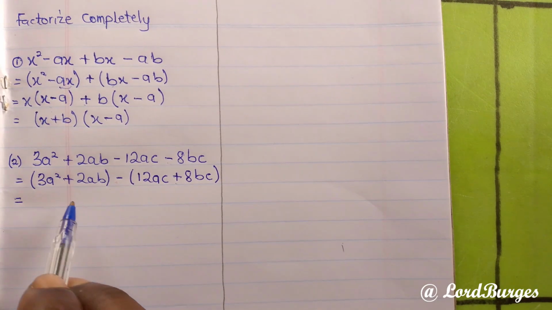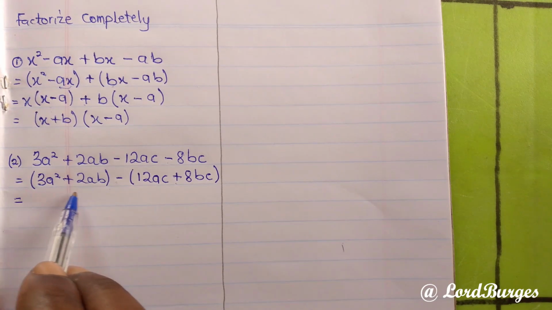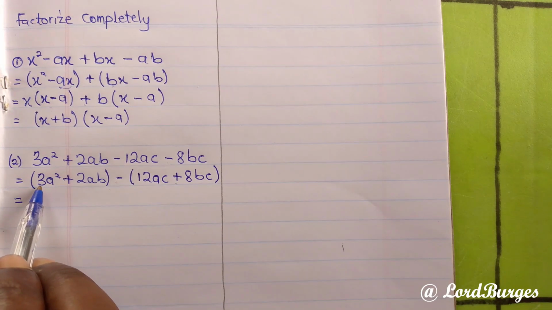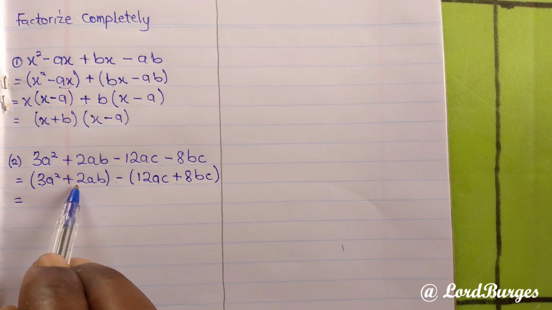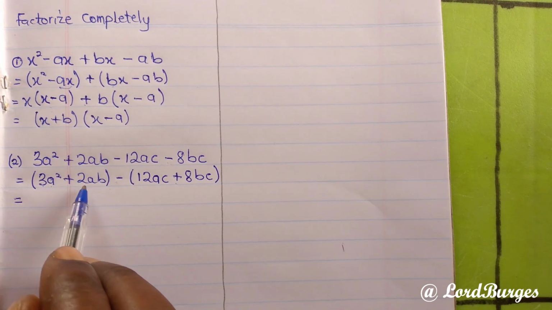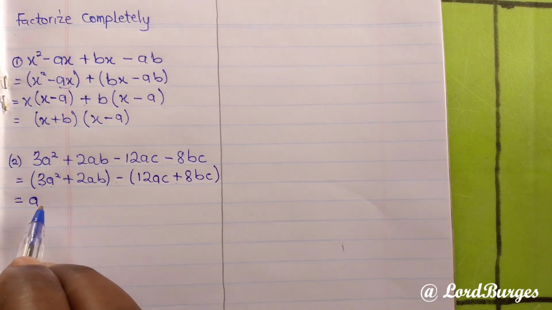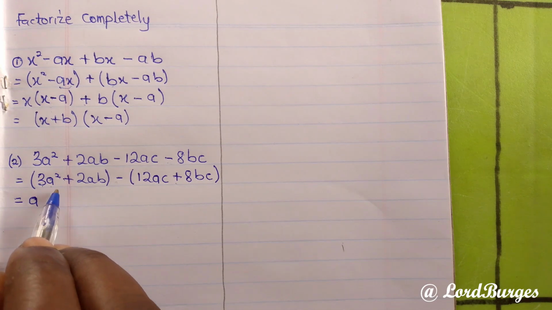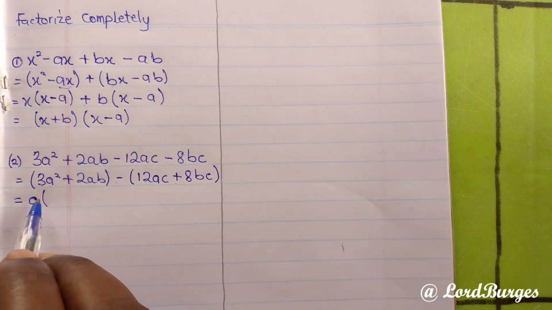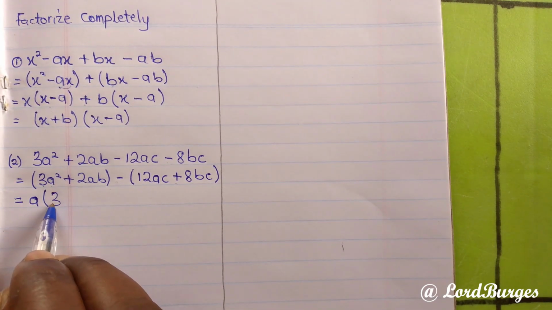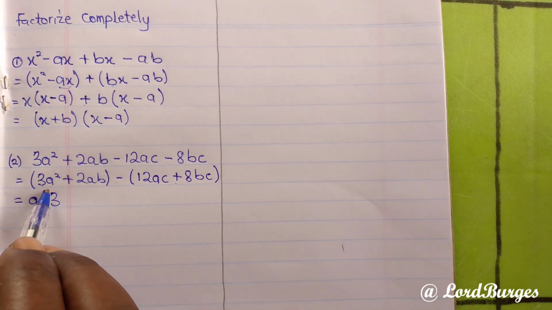So now at this stage, what is common here? 2 and 3. There is no HCF. Now a squared and a, I can factor a out. Nothing is left. Therefore, I should be having my 3. The a's are 2.